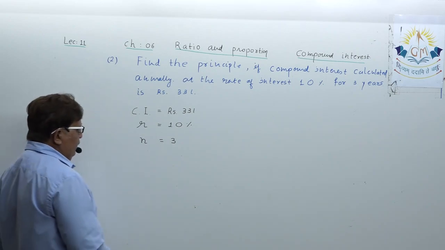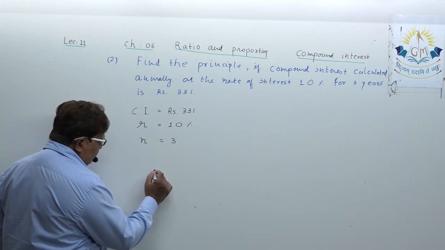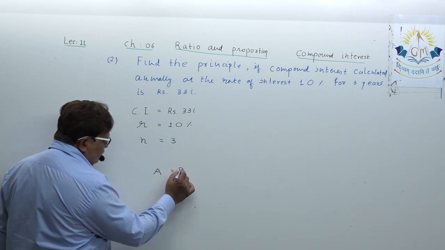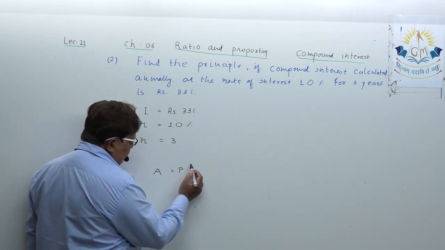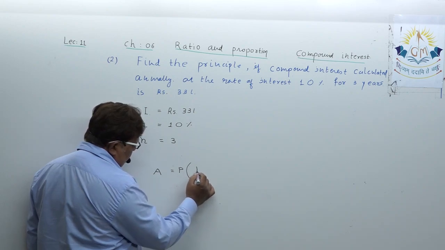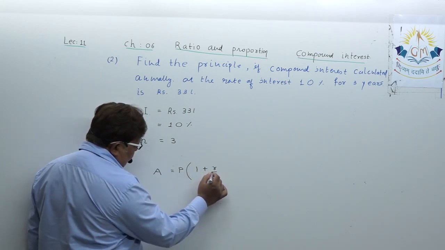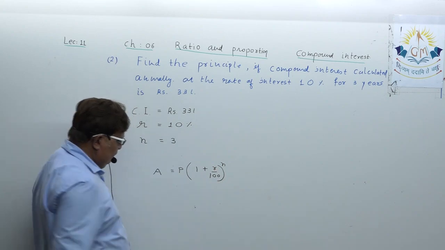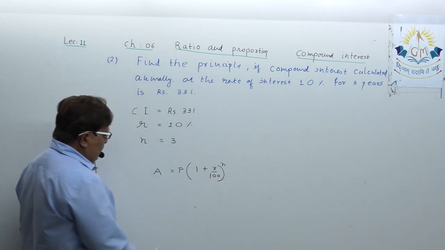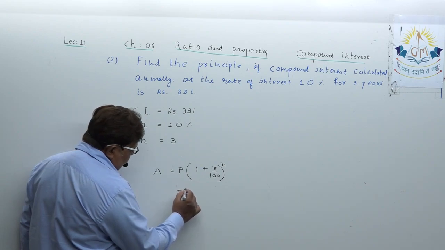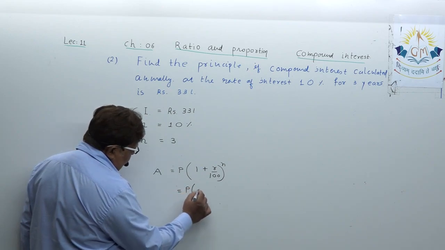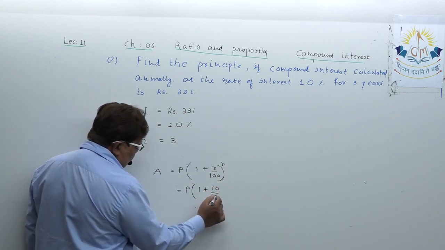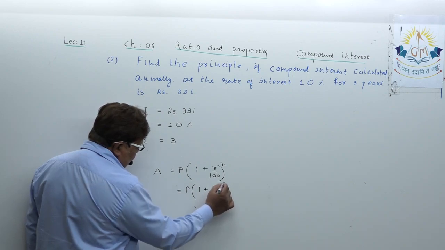Now the second one. What we are doing is this. Write the formula of amount: P into bracket 1 plus R upon 100 raised to n. Next step, P into bracket 1 plus 10 upon 100 raised to 3.